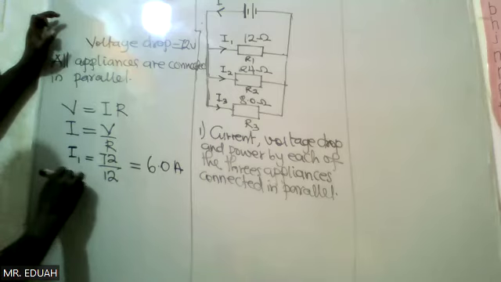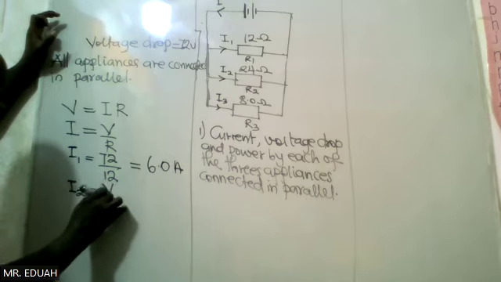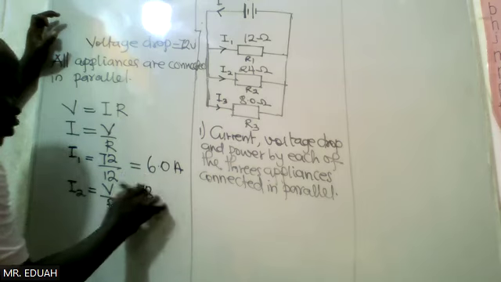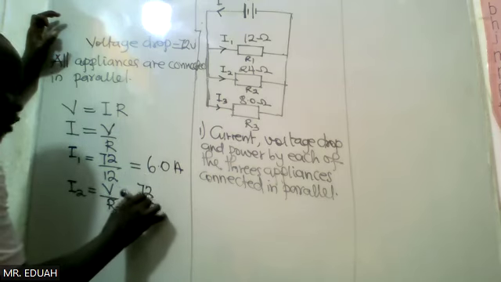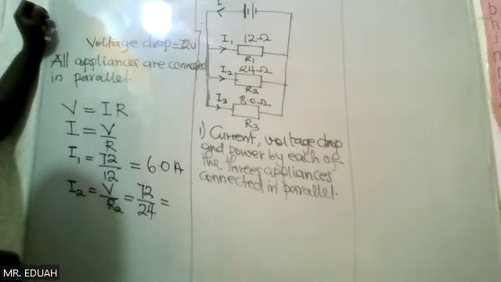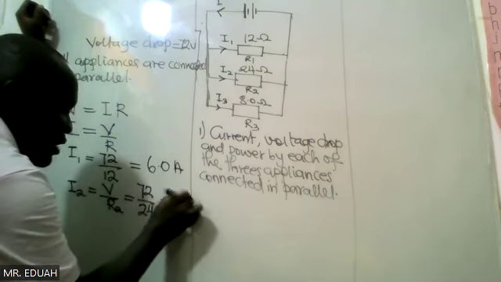I2 would also be V over R2, which will be 72 over 24. And what is 72 over 24? 3.0 ampere.